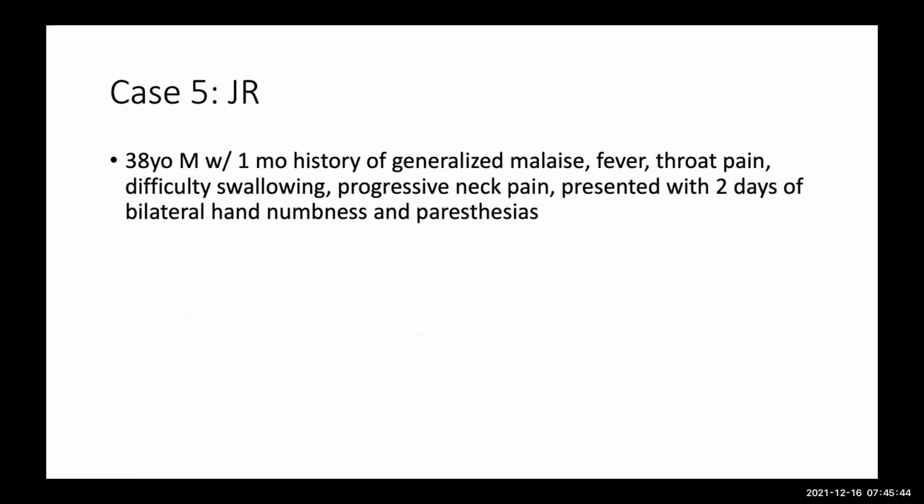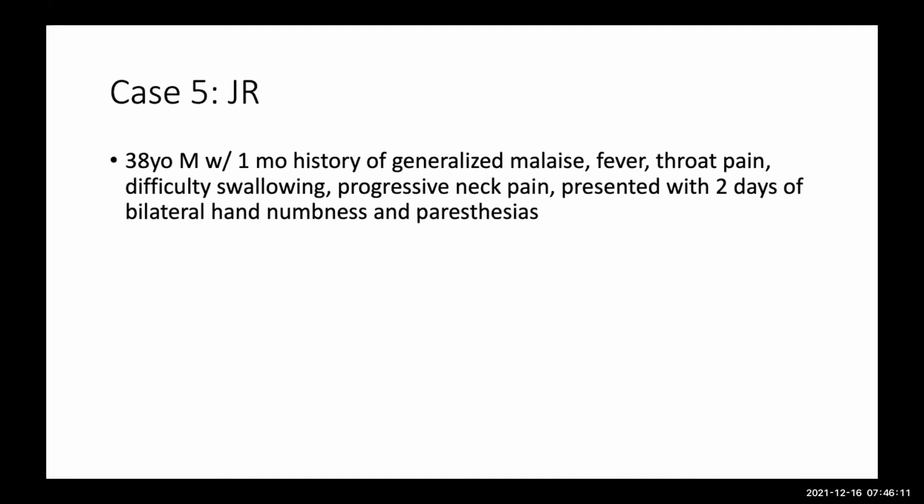It's a 38-year-old male with 1 month history of generalized malaise, fever, throat pain, difficulty swallowing, progressive neck pain, and then presented with 2 days of bilateral hand numbness and paresthesias. Actually, he presented to the ER at the beginning of these symptoms with the trouble swallowing.